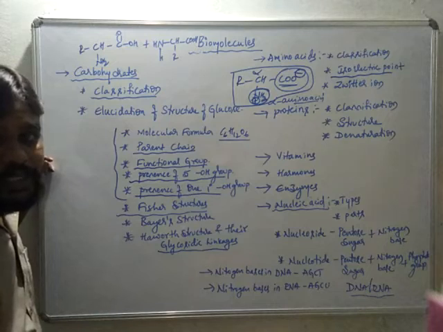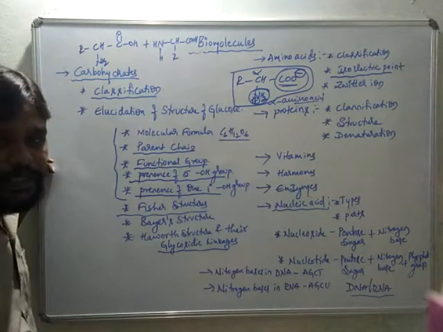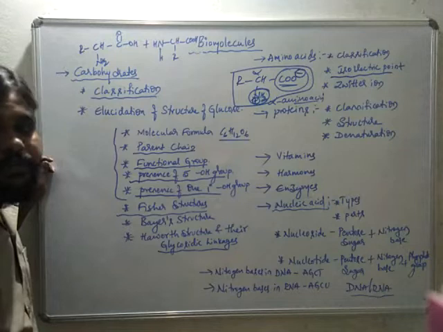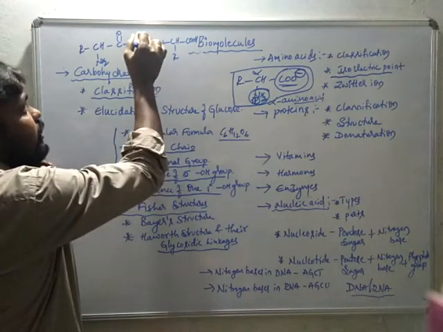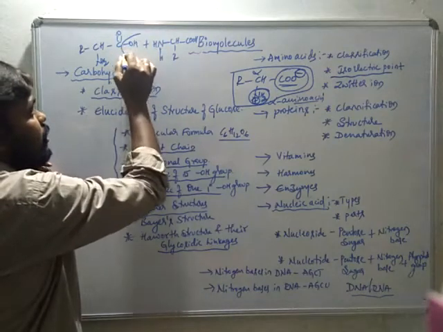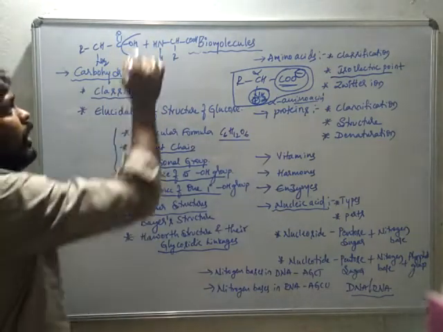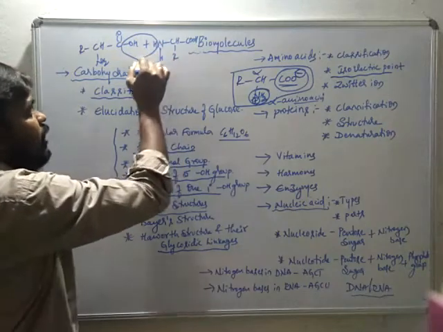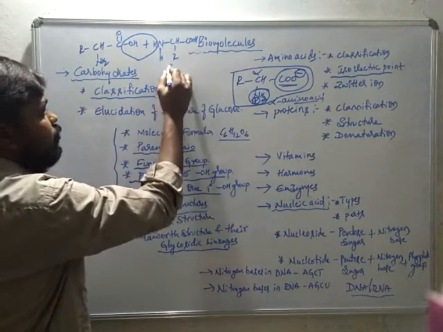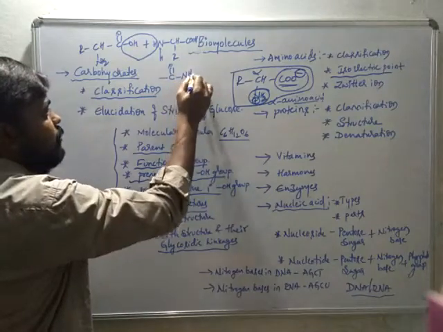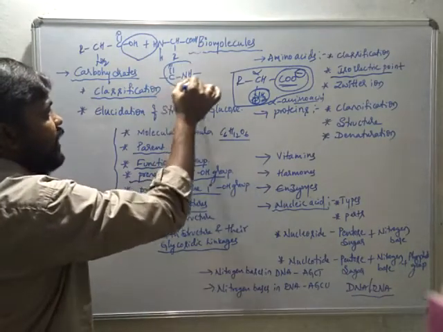Two simple units are condensed together by the elimination of a simple molecule like water, sulfur dioxide, carbon dioxide, like that. Here water will be eliminated. OH is eliminated from the carboxyl group, and hydrogen is eliminated from the nitrogen group. After that you will get a C double bond O NH group, and the C double bond O NH group is called the peptide linkage.